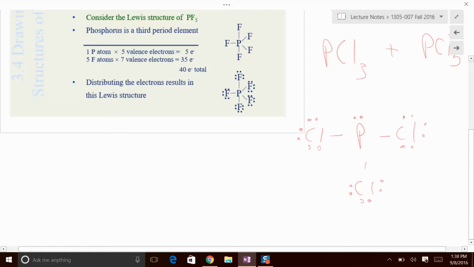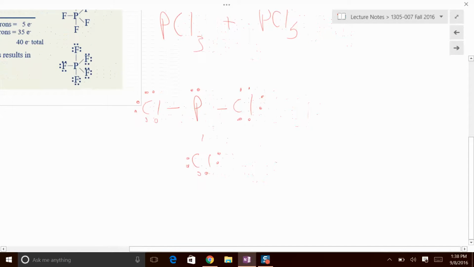Okay, that one's okay. It's following the rule of 8. I need 26 electrons. It has 26 electrons. Great. Okay. P, Cl, Cl, Cl, Cl, Cl. What is wrong already?